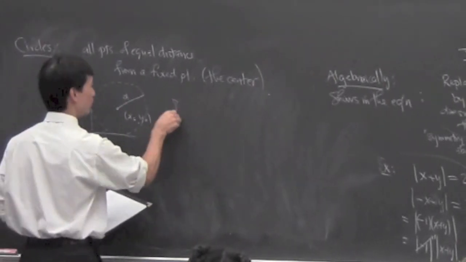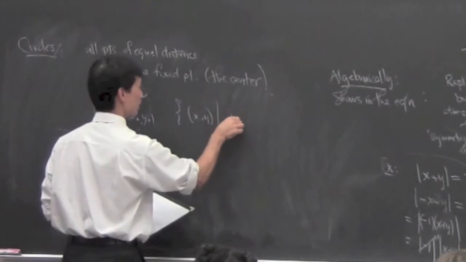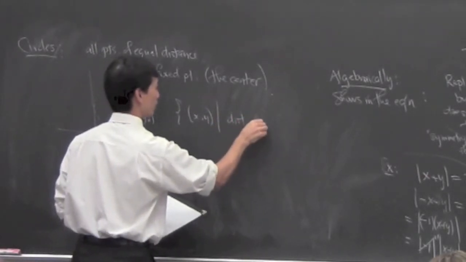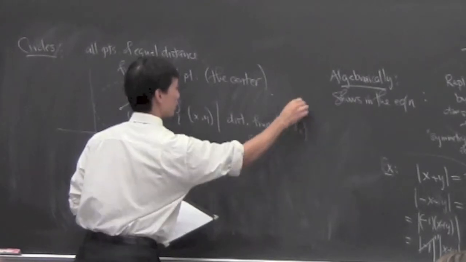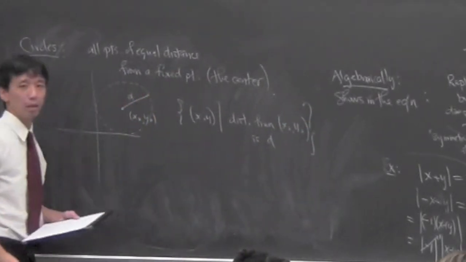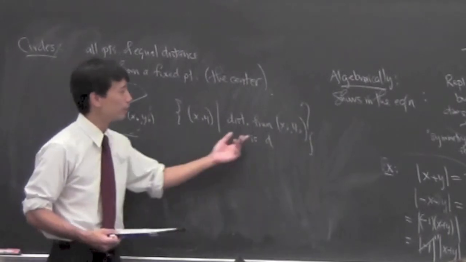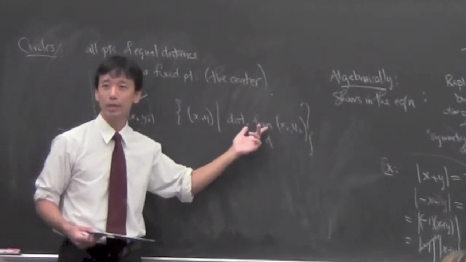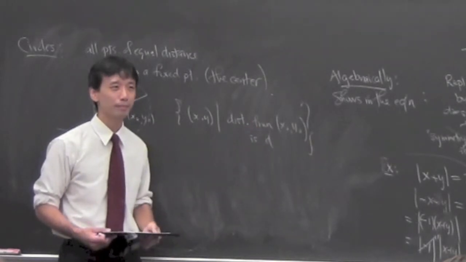So all x, y whose distance from x naught, y naught is d. That's how you describe a circle as a set. And we have a distance formula, so how do we write this using the distance formula? Take 10 seconds and write it down.